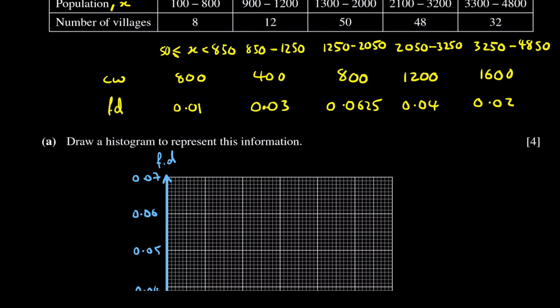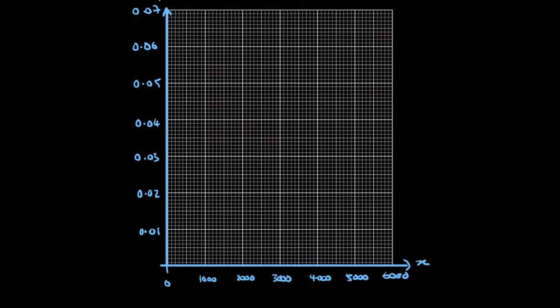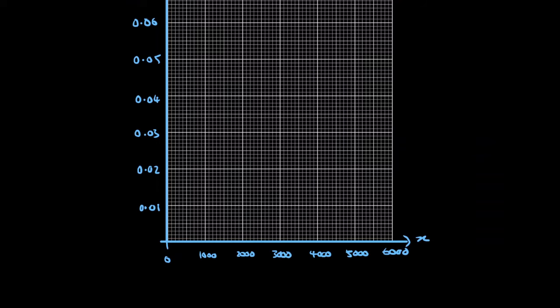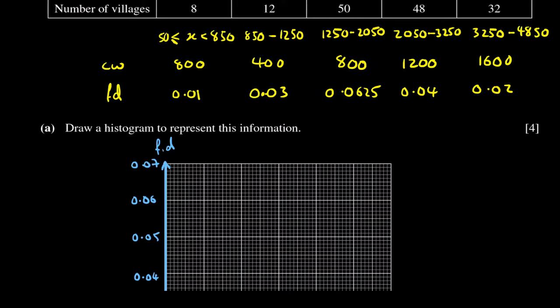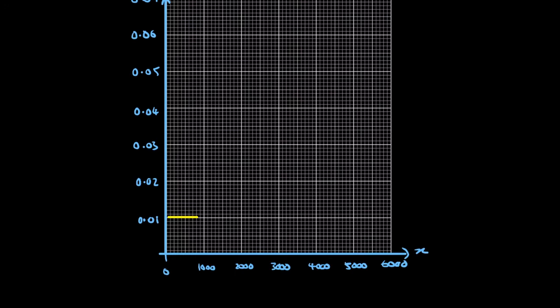Okay, then what do I want? From 50 to 850, I've got to have a frequency density of 0.01. Let's draw that on. So from 50 to 850, I'm going to do that. So 50 is there-ish. It's going to be a bit difficult to do this, guys, with the kind of tablet I've got. So that's roughly there. And then I want from 850 to 1250, 0.03.